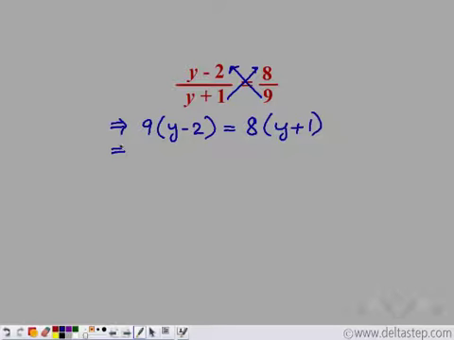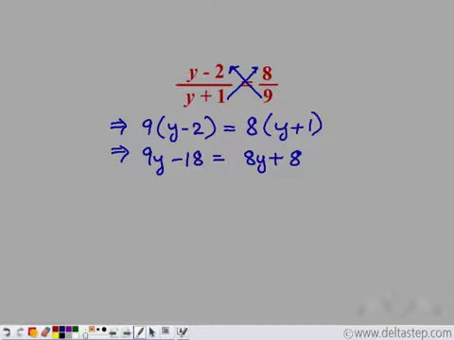Simplify this. 9y. 9 into negative 2 is negative 18. This is equal to 8 into y is 8y plus 8 into 1 is 8. So this is equal to 8y plus 8. Now take all the variables on one side.